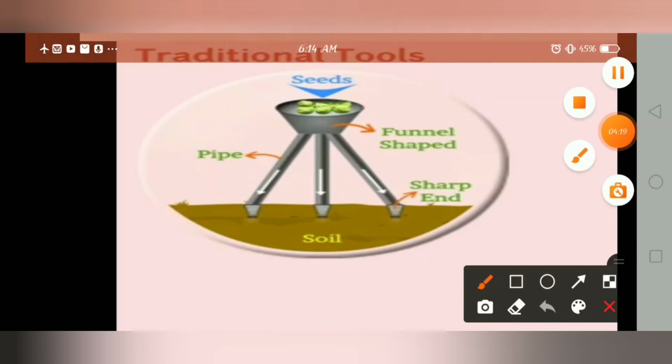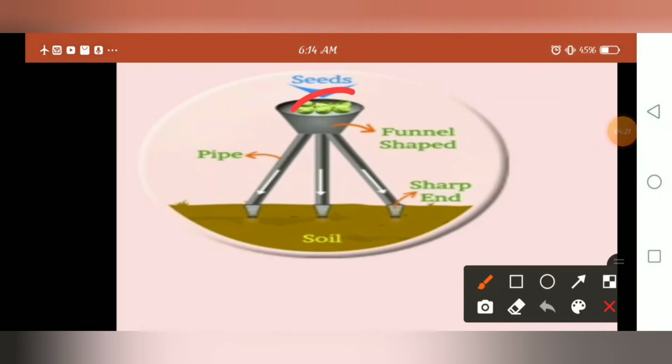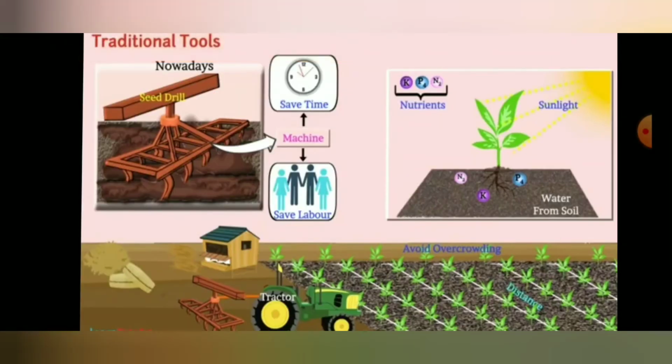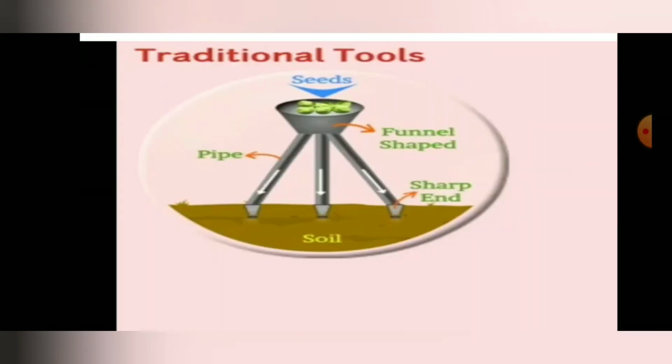See, I'll show. So the farmers will place the seeds here, in this part. The seeds flow through these narrow tubes and they are placed into the soil. It is one of the olden, traditional methods.